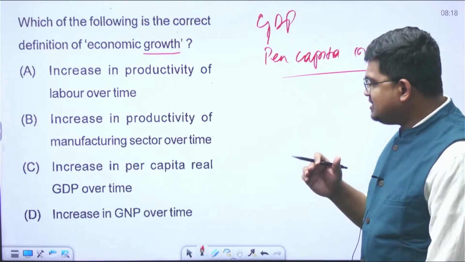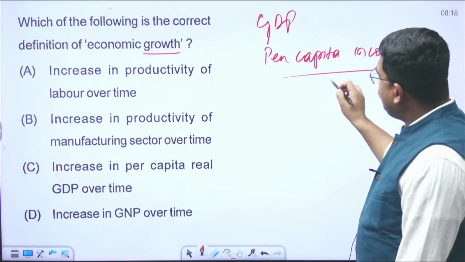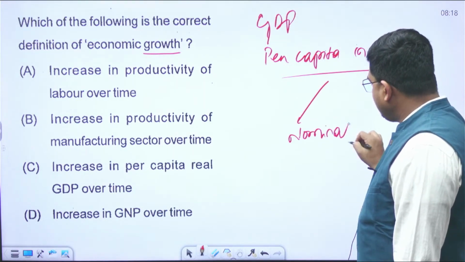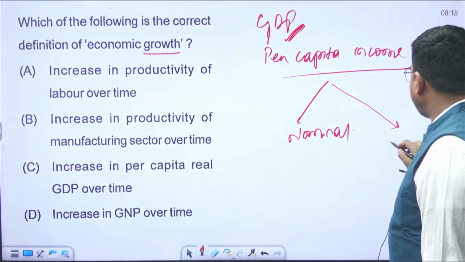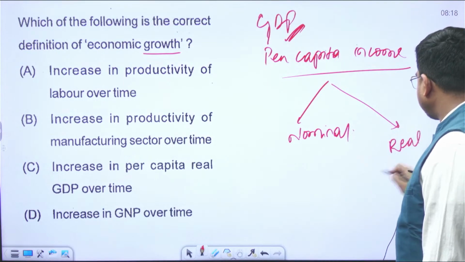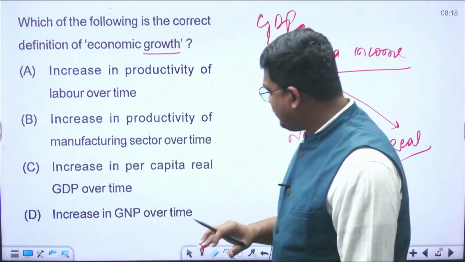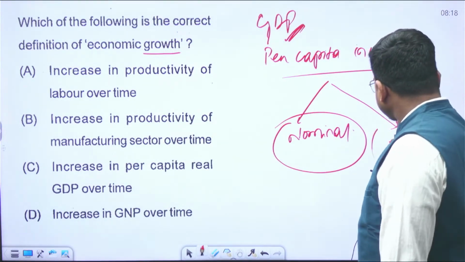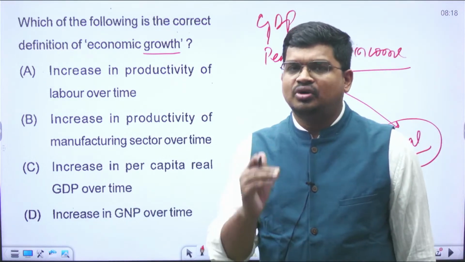When we say increase in the per capita income, there are again two types. One is nominal. In the GDP case also, you will find one is nominal and another is real. Just remember this difference between nominal and real. Nominal is simply in terms of monetary value.